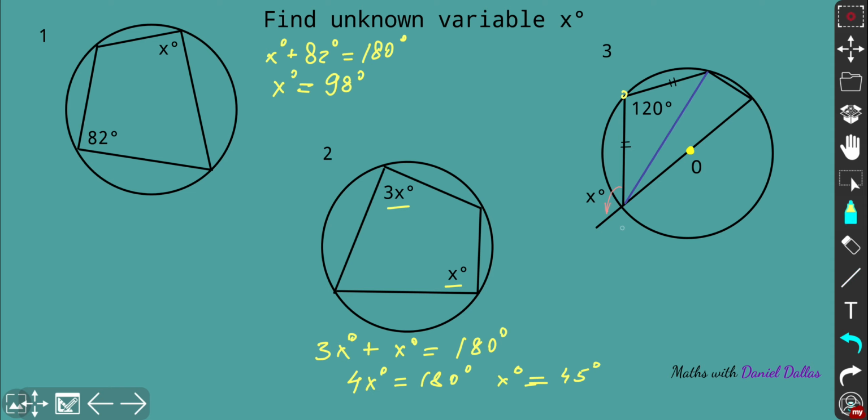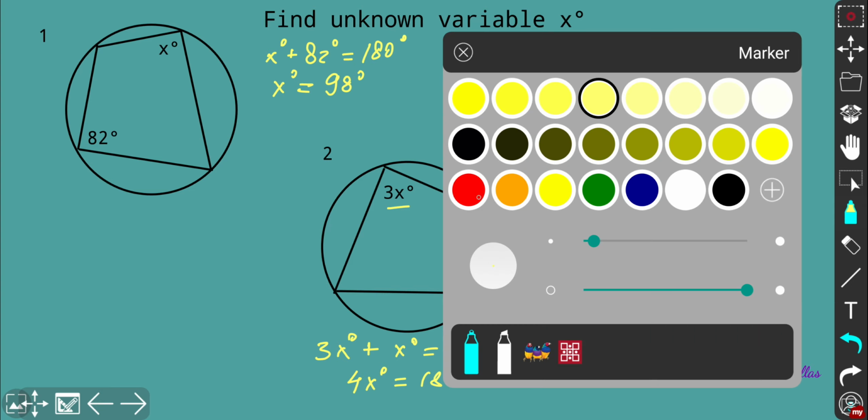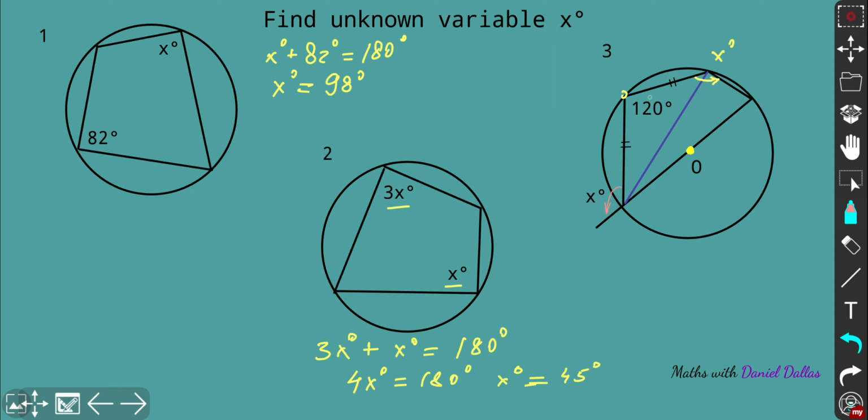So what do you know? You know that angle x is going to be also here. Okay, so maybe more precisely right there. So this angle x, yellow angle x. However, you know that within isosceles triangle, because two sides are equal, angles at the base here are going to be the same.